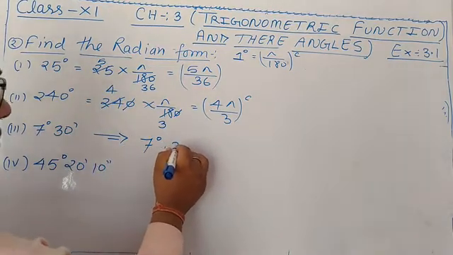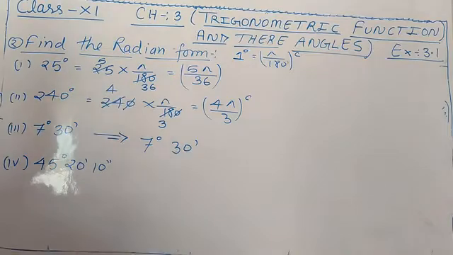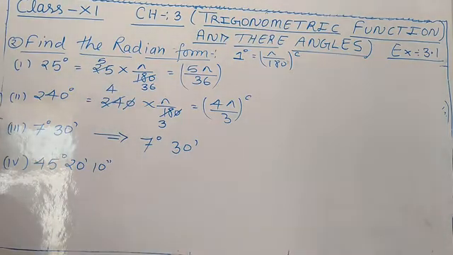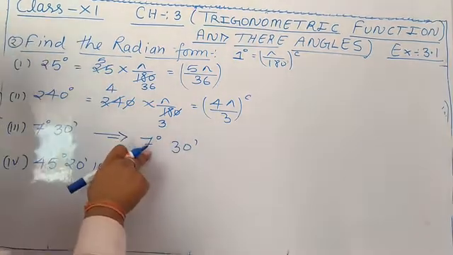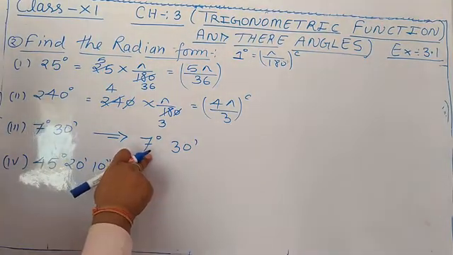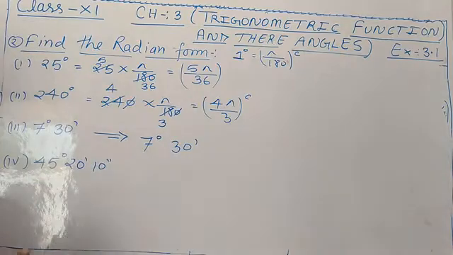7 degree 30 minutes. 7 degree 30 minutes convert to the radian form. So first of all 30 minutes convert to the degree form, then after convert to the radian form.